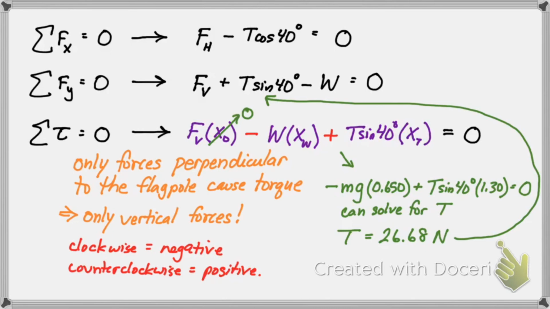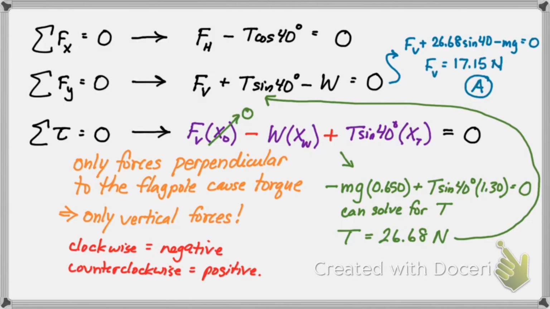And from there, I can solve for the vertical component of the bolt force. There we go. That's choice A, by the way. Notice the horizontal force equation I never even used. That's okay. The equation was right. I just didn't need it. And that's okay. Doesn't cause any harm.